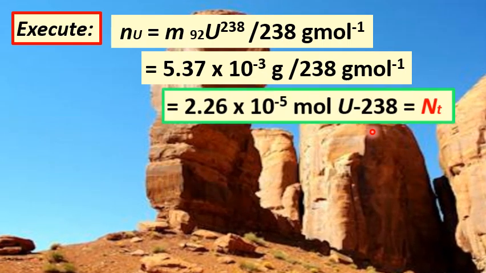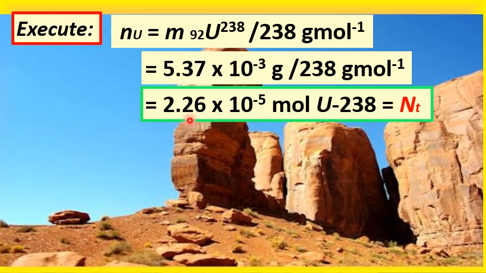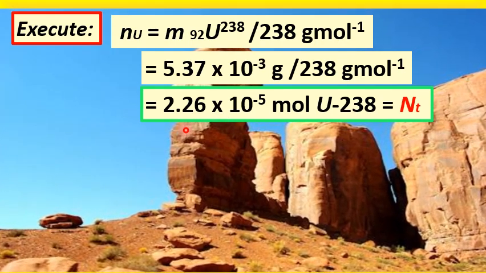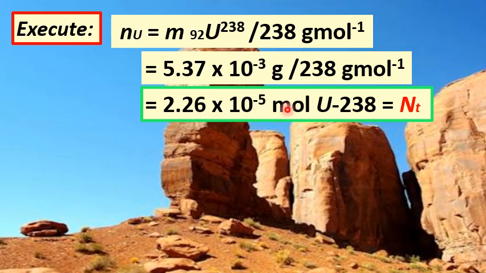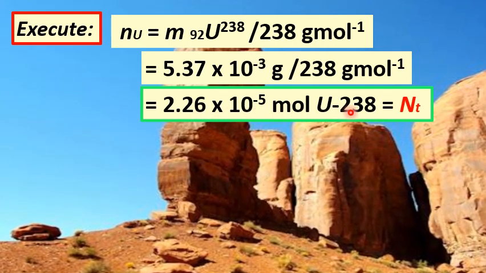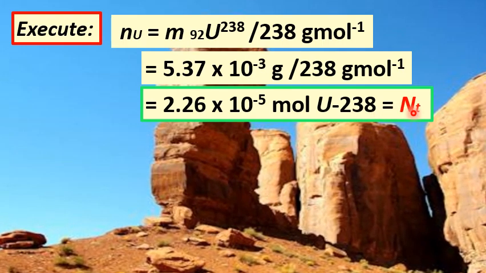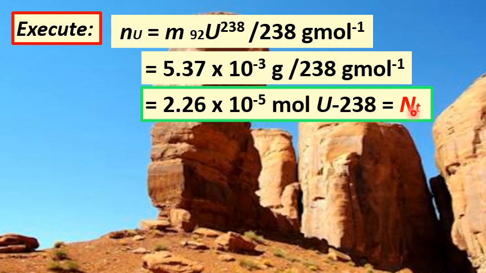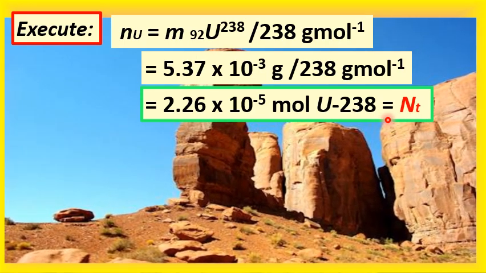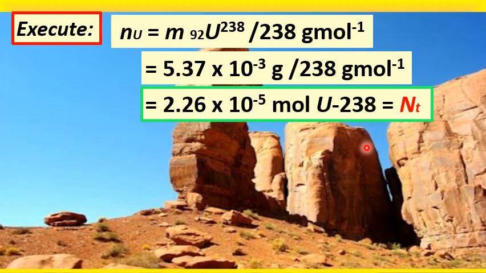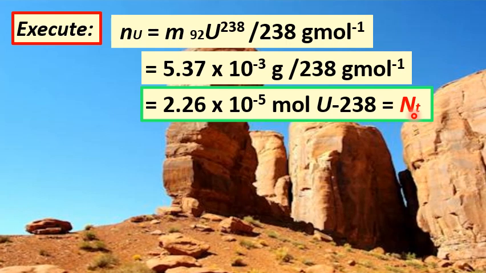So we get the number of moles of uranium-238 at time t equal to 2.26 times 10 to the negative 5 moles. Take note that this is what we call the amount of uranium-238, denoted by capital N sub t.